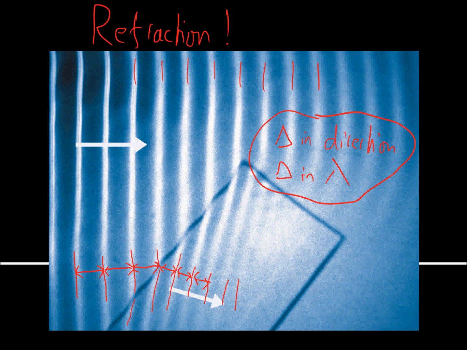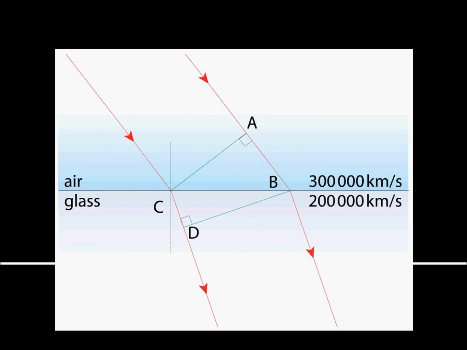So this happens in water, but it also happens with light travelling in different mediums. We know that light travels through air. That's the reason we see stuff, because light is bouncing from those objects into our eyes. Light also travels through glass, and we know that because I can see things from outside of the window. When I look out of the window, I can see my beautiful garden, and the things in the garden are reflecting light that travels through the air, then through the glass, and then through the air again and into my eyes.